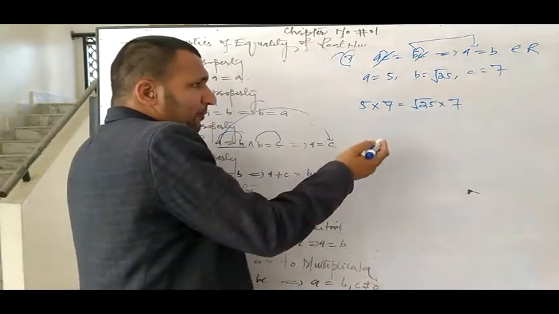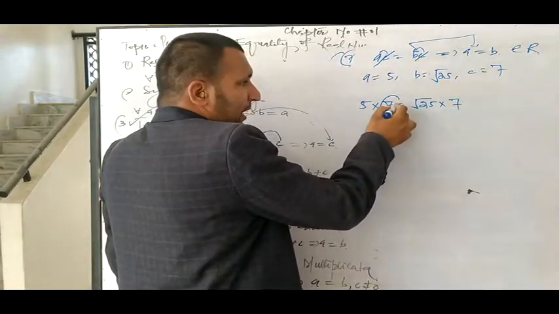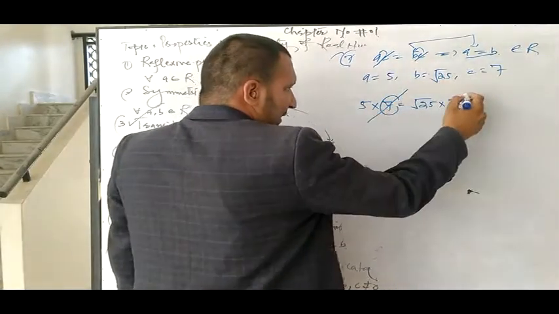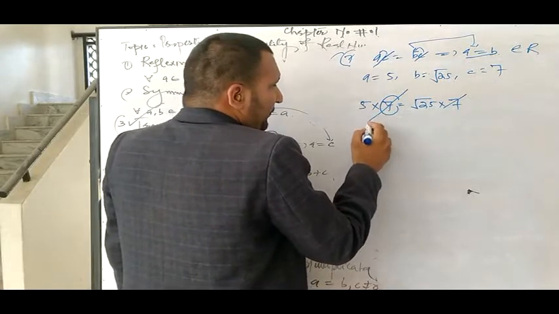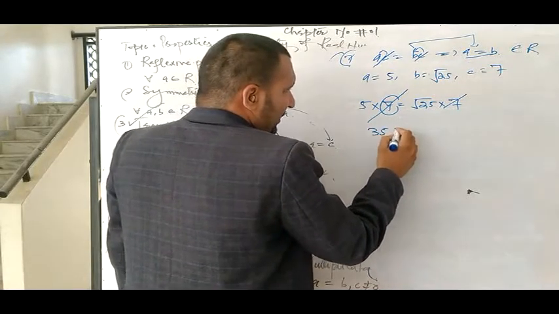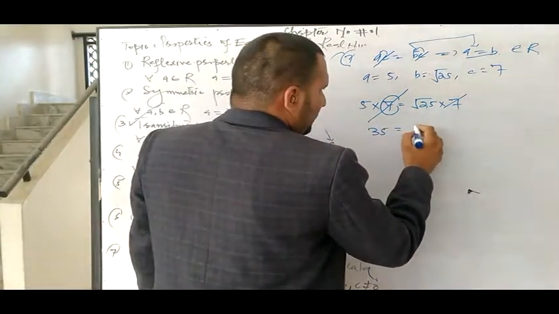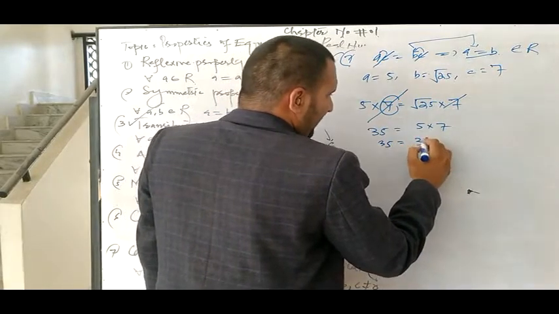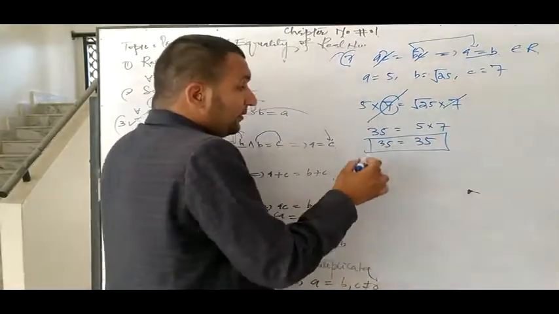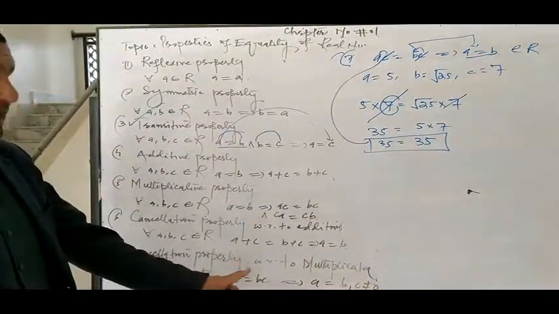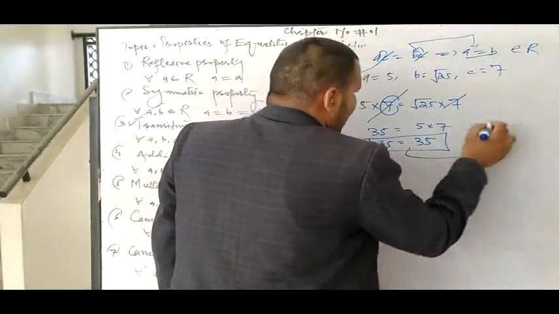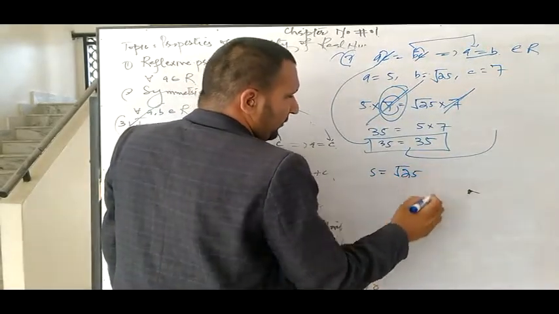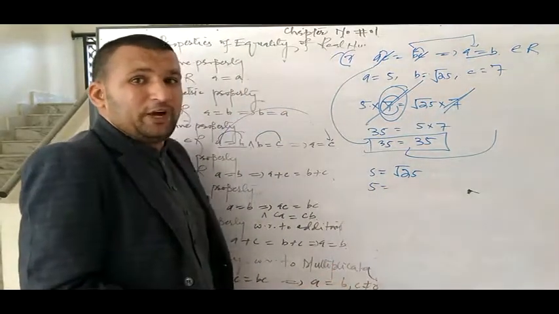If we multiply both sides by 7, then we cancel, and the property is A is equal to B. Suppose we first multiply: 5 multiplied by 7 is equal to 35, and square root of 25 is 5, multiplied by 7 is 35. So 35 is equal to 35, and with respect to the cancellation property of multiplication, we cancel the values from this statement. 5 is equal to square root of 25, which is equal to 5.